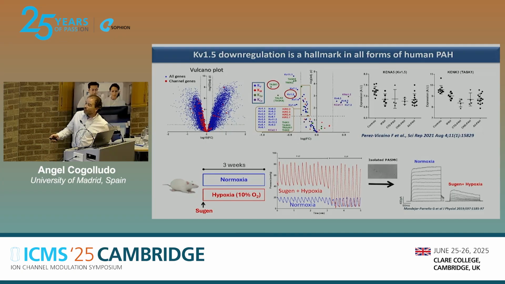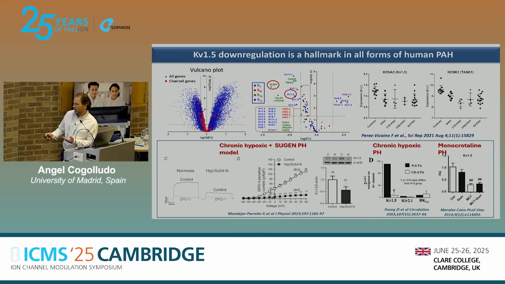Now, if we analyze the Kv currents in cells isolated from these animals, we see that in fact the Kv current is markedly downregulated. And this is observed not only in this model. This is associated with a marked downregulation or inhibition of the DPO-sensitive current, so it's the Kv1.5 current in principle, and also with downregulation of Kv1.5 channel expression.